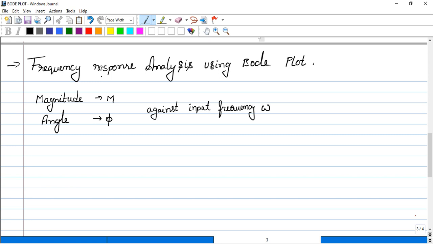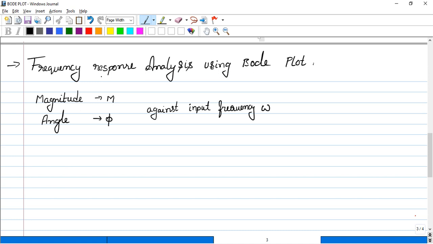So what happens in Bode plot? Here also we plot magnitude as well as angle psi against the input frequency omega, and here we vary the value of omega from 0 to infinity.